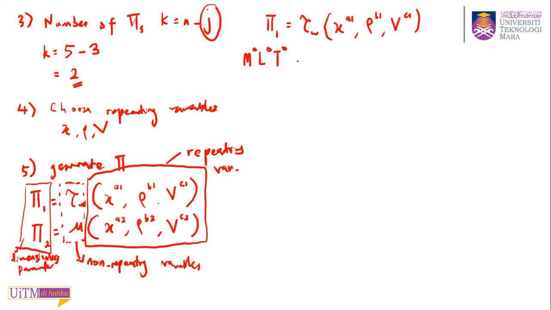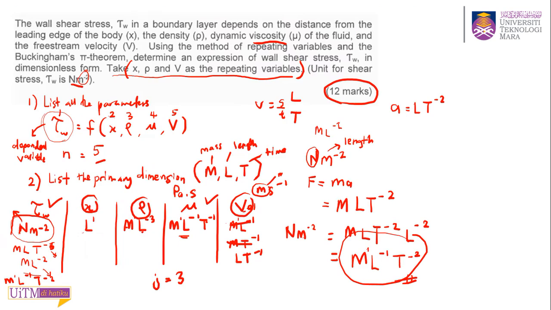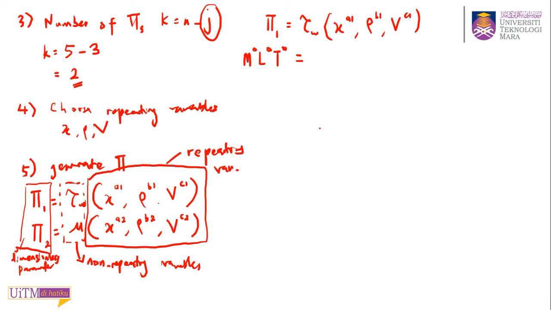Okay, and for tau, we know the primary dimension is M1 L minus 1 T minus 2. Okay, this is for tau, and then for x, x is L, L1.